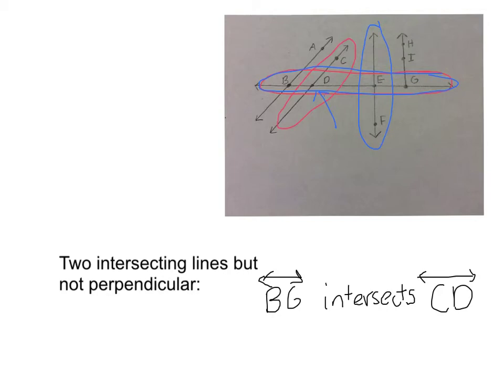And if we were wanting to write that, I would put BG. Here's the symbol for perpendicular. It's like an upside down T. And that would go with FE.